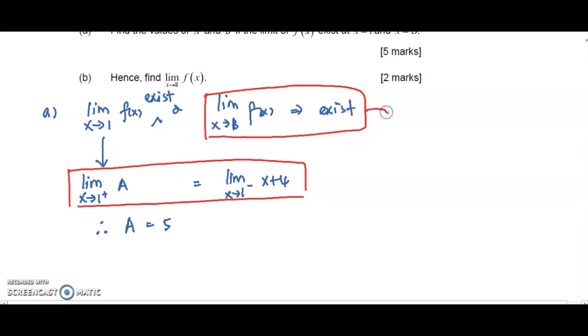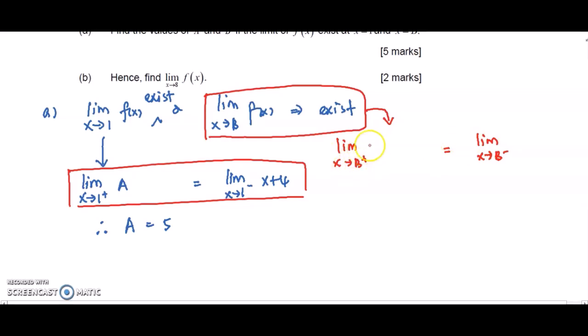So to get b, we have to deal with this information. What does the information give us? If this limit exists, its one-sided limits must be equal, meaning that when x approaches b positive, it has to be equal to the limit when x approaches b negative. Again, we are using this concept to form an equation.